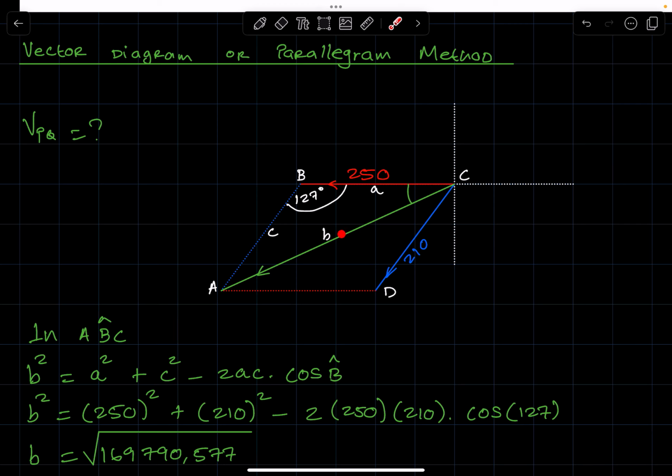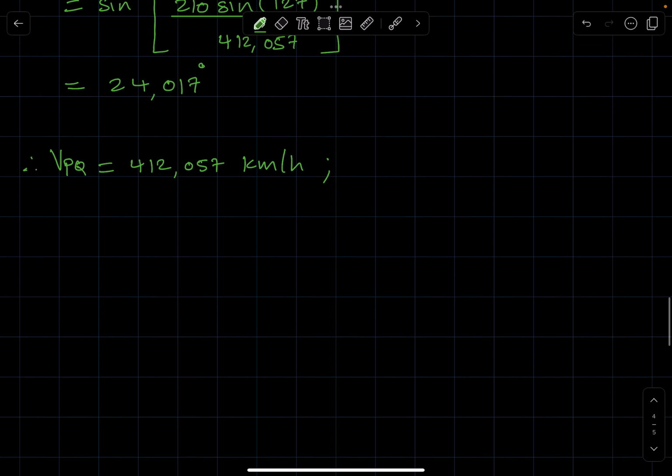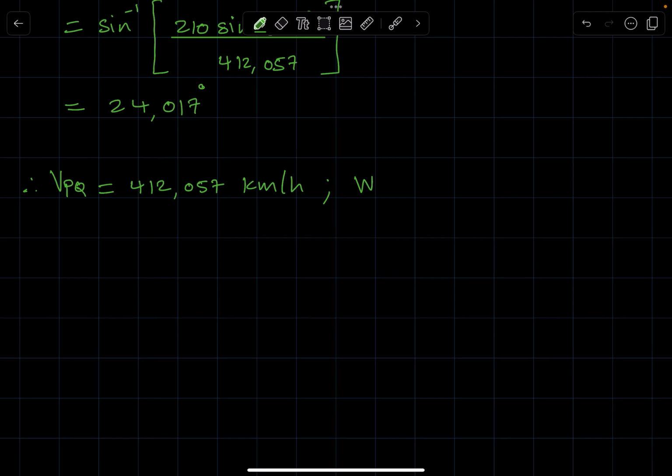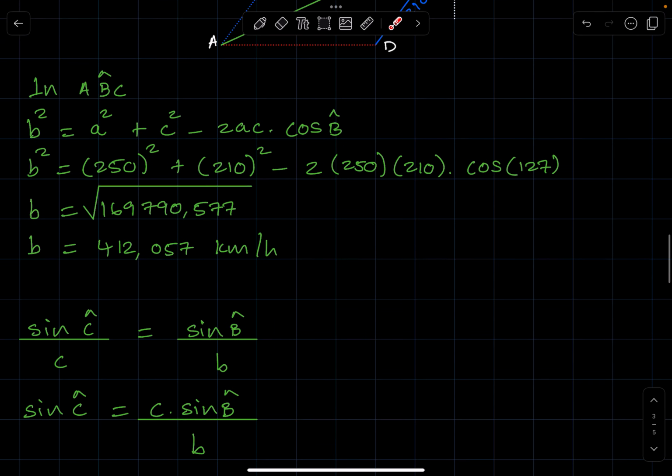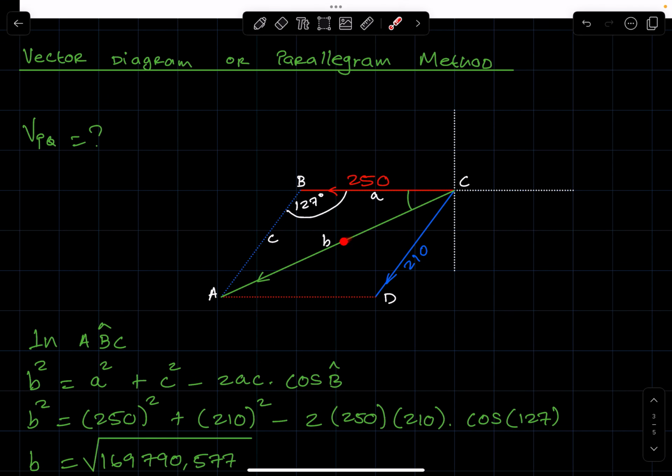As far as the x-axis, the resultant is headed west. So we then say we reference our angle from west. So this is west, and the angle is 24.017 degrees. Seeing that our angle is a reference from west, this means the direction is west 24.017 degrees south.